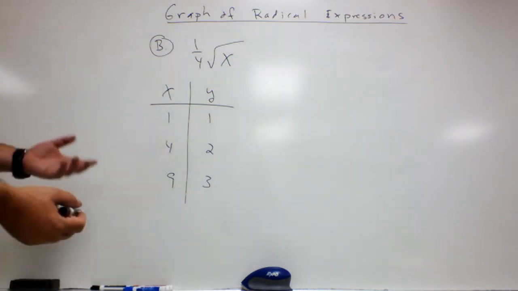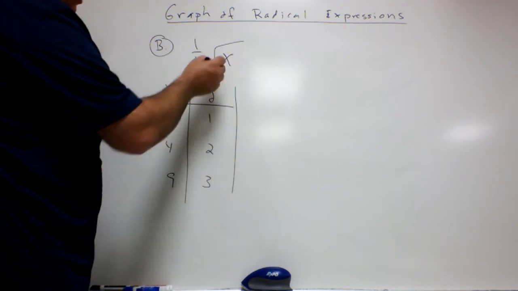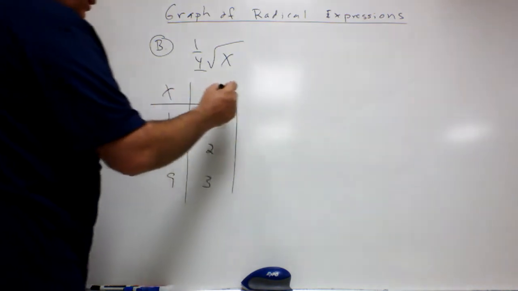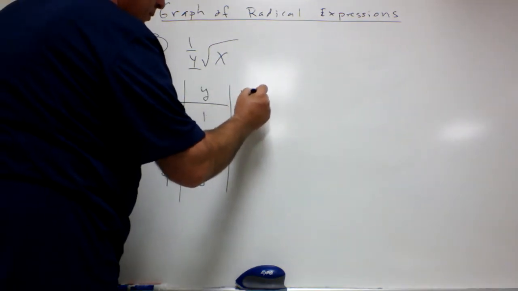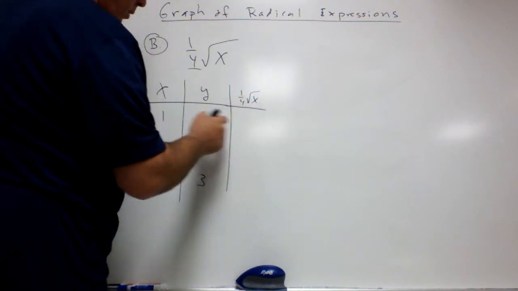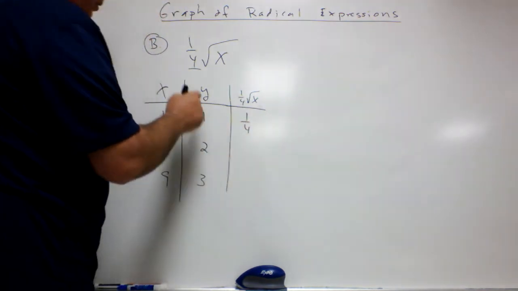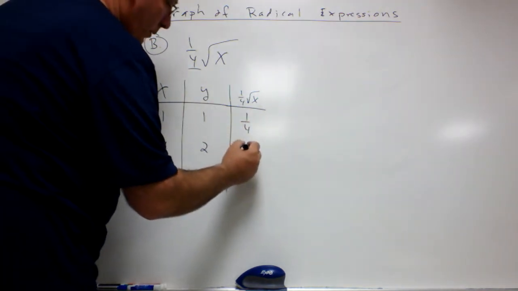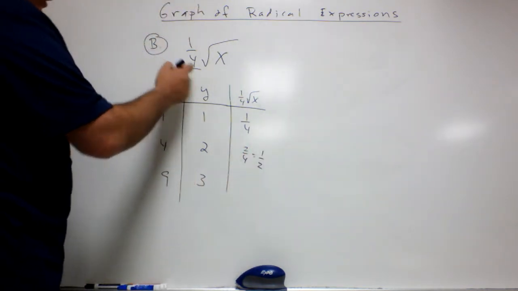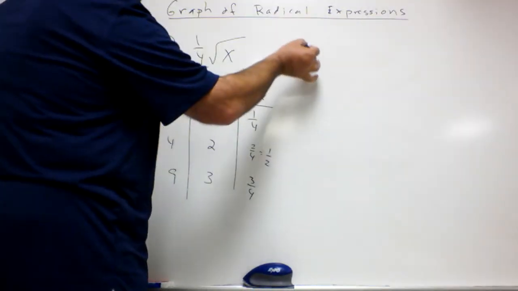What we're going to do though is we still have to multiply each of these square roots by this amplitude, 1/4, a. So we write in 1/4 the square root of x, and write down the new numbers. It's going to be 1 times 1/4 is 1/4, 2 times 1/4 is 2/4 or 1/2, and 3 times 1/4 is 3/4.